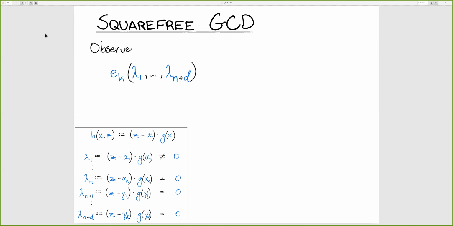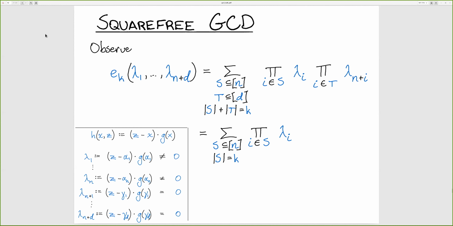Now, if from this last d set of roots we pick up any of these lambdas, that gives you a 0, so that term will vanish. So in fact, anytime this t is non-empty, we get a 0 term. So this simplifies. We're only taking an elementary symmetric function of the same degree, but only on the first n of these values. Really, all the 0 values drop out from these symmetric functions. That's the point here.